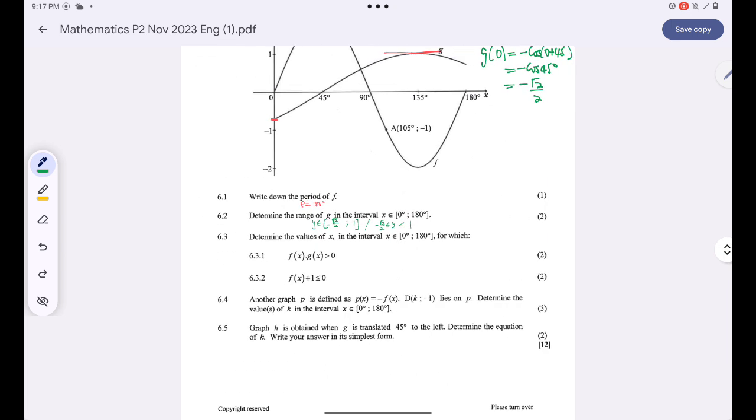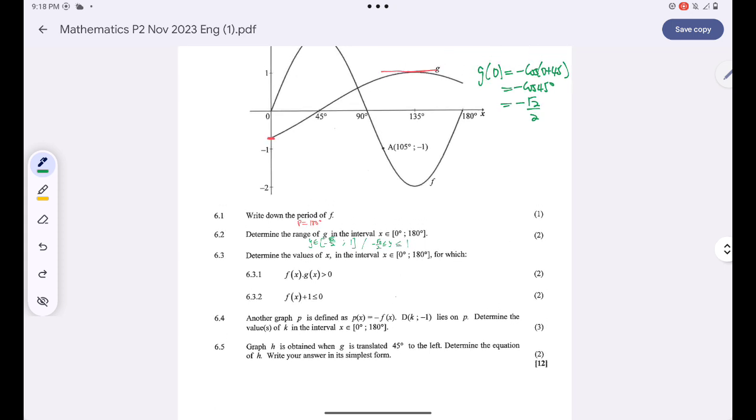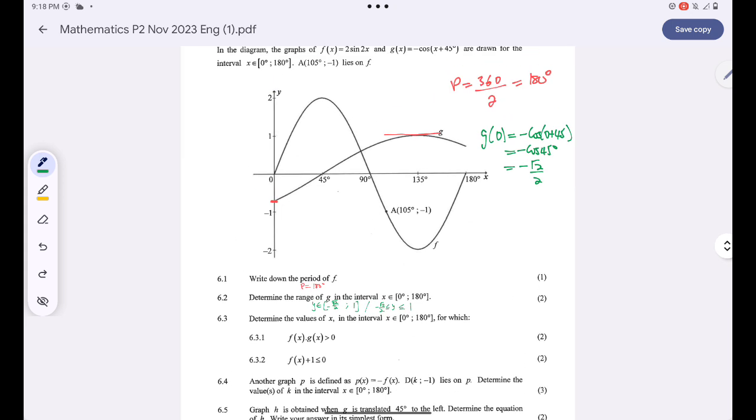That's my range, guys. Okay, now I'm supposed to determine the values of x in the interval for which f and g is greater than 0. This statement simply says I'm multiplying two things and my answer is greater than 0.